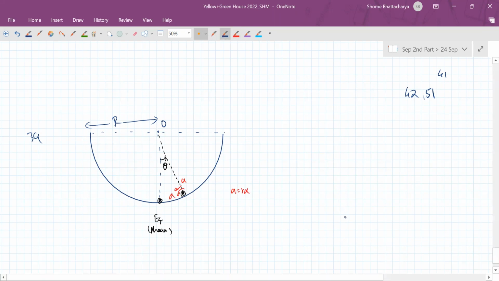So now making the free body diagram of that part, making the FBD of that section a little more clearly.